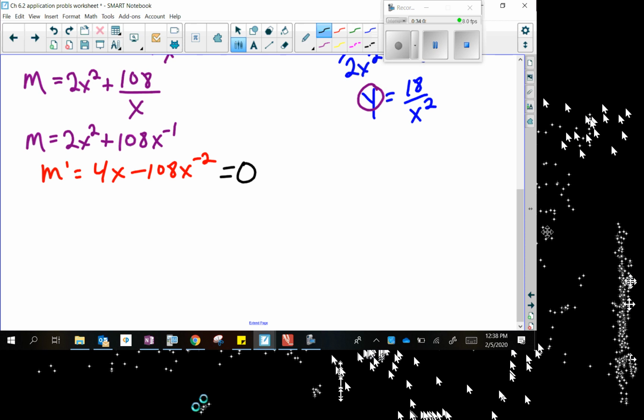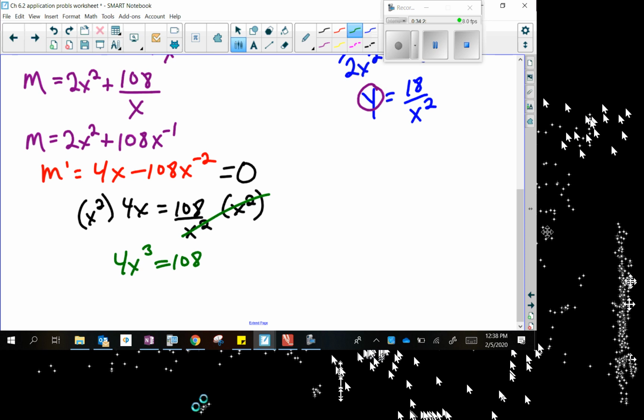Now I move the 108, right? Multiply by x squared. So I get 4x to the third equals 108. Divide by 4, and I get x cubed equals 27.